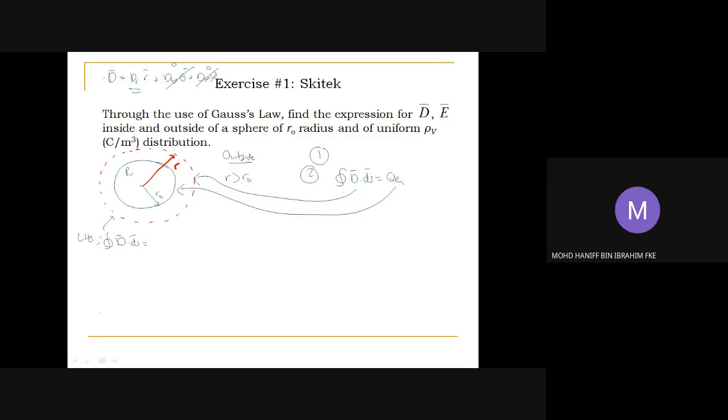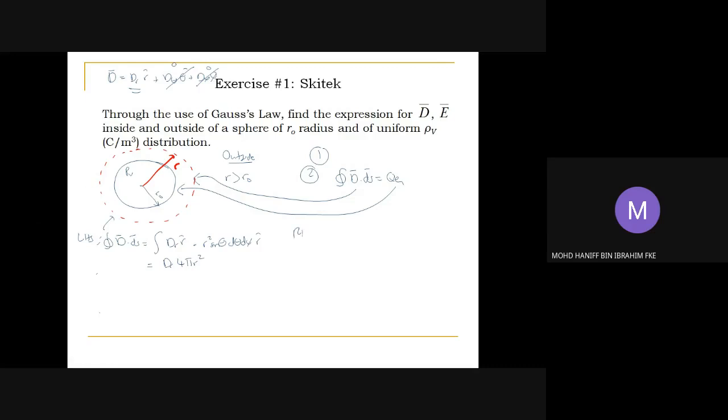So we only have D_r in the direction of R. And dS on this Gaussian surface is R squared sine theta d theta d phi in the direction of R, as before. So this D dot dS integral will be D_r times 4 pi R squared, where R is the radius of your Gaussian surface.